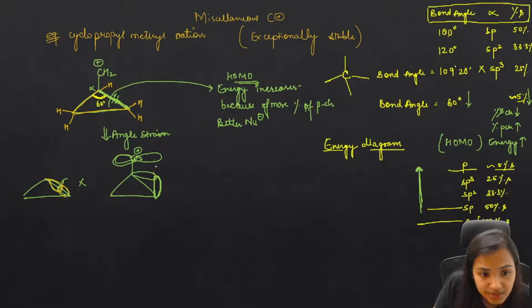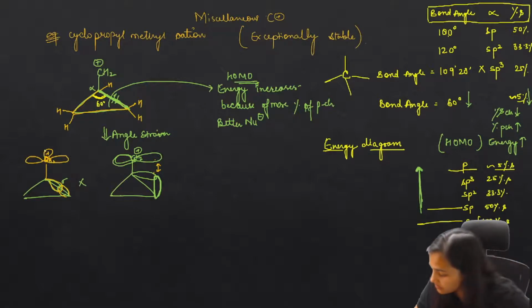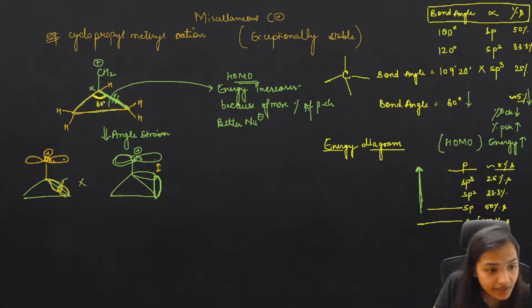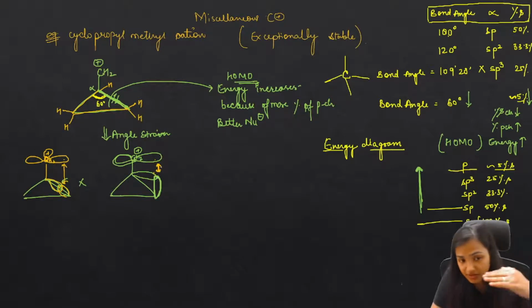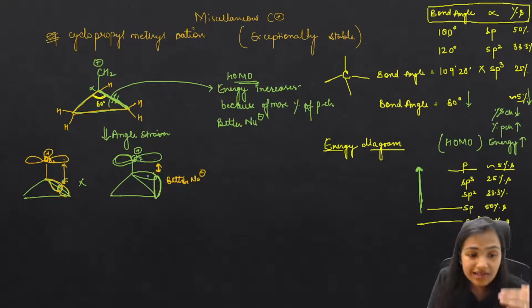So this and this become more close to each other. Okay, if you see this and this, you will be able to see the difference. So here and here, this gap is large, but here this gap becomes smaller. Because of the increase in P character, this becomes a better nucleophile, and so the tendency to give the electron pair increases.